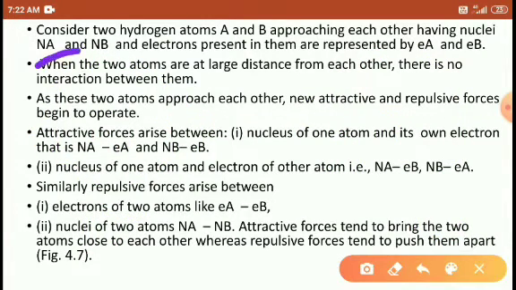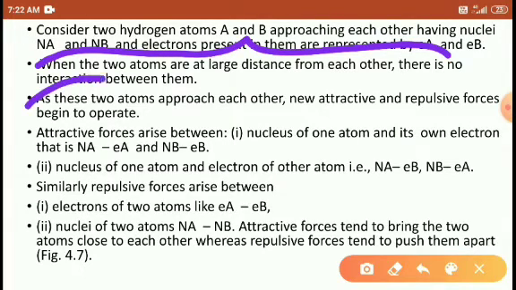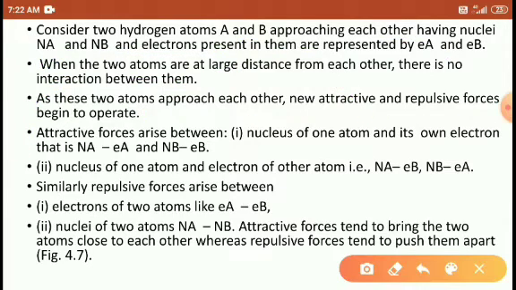When the two atoms are at a large distance from each other, there is no interaction between them. But when they approach each other, new attractive and repulsive forces develop. First, the attractive force. The nucleus of one atom attracts the electron of the other atom. Na has electron Ea, and Nb has electron Eb.